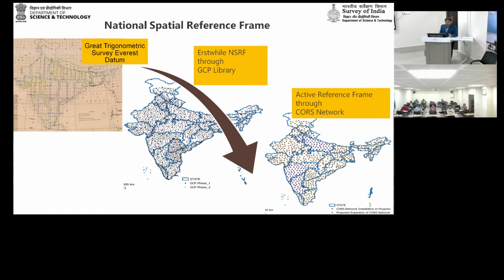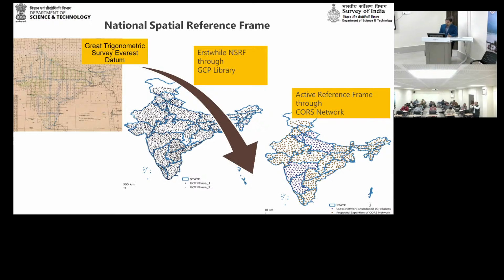We started from Chennai and surveyed till Mount Everest, and the height of Mount Everest was also computed with the help of this GTS survey. It took almost 40-50 years to map the whole of India by setting up various GTS stations, like hill-based or mount-based ones.